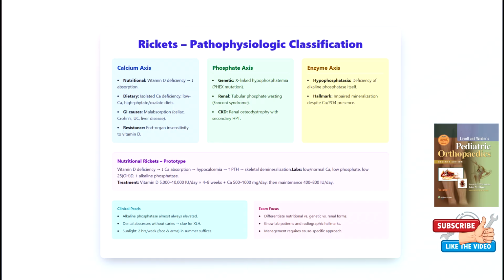It is possible, for example, to develop rickets in the presence of adequate vitamin D intake if calcium itself is profoundly deficient. This is increasingly recognized among certain populations where the diet is naturally low in calcium and high in phytates or oxalates, substances that bind calcium and render it unavailable.